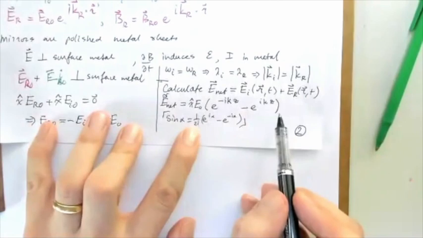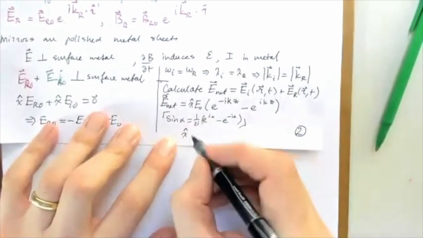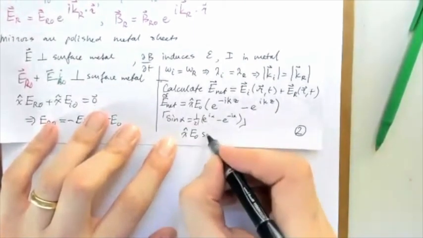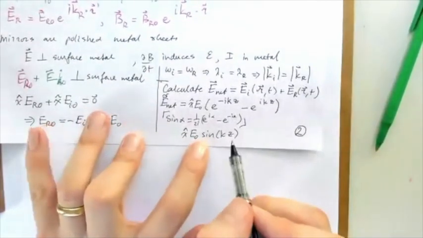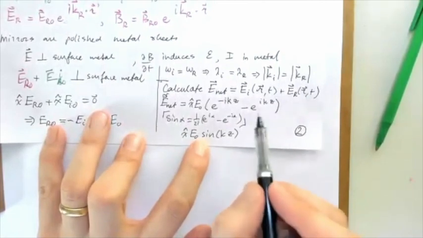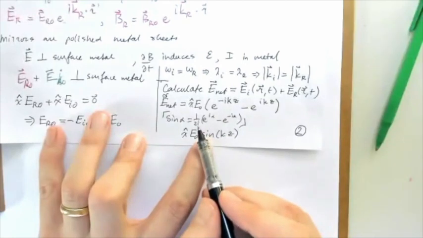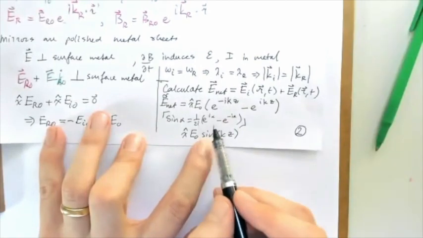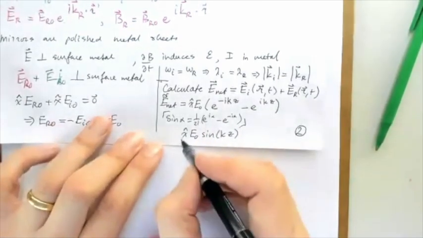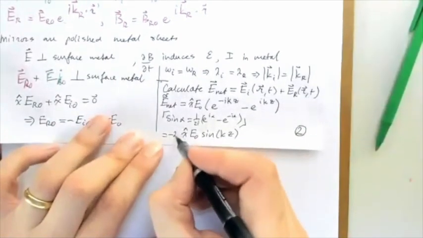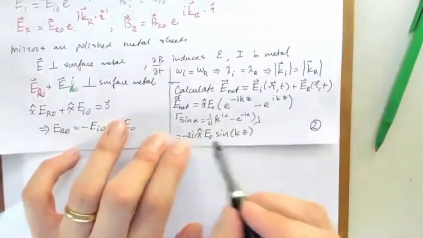So this looks like E naught times the sine of kz. So let me make sure I get my signs right, because I'm still missing some i's and 2 pi's and stuff. Yep, that's minus 2 times i times x hat E0 sine kz.